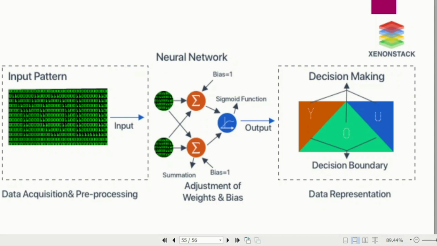Those tasks can be supervised classification, where the given input pattern is known as a member of a predefined class. Number two is unsupervised classification, where the pattern is assigned to a known class. So the recognition problem here is essentially a classification or categorization task.